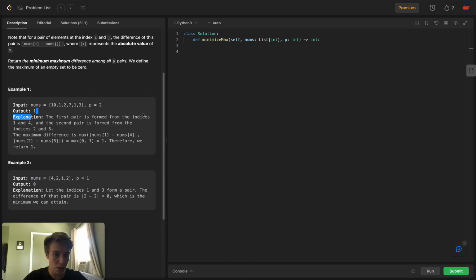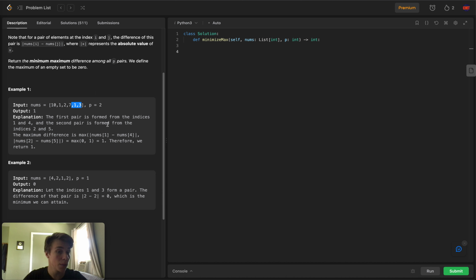And the explanation is we first pick out the 1 and the 1 at indices 1 and 4. The difference of that is 0. And finally, we pick out, I'm guessing, 2 and 3 at index 2 and 5. So these 4 numbers are going to be picked as pairs. 1 is paired with 1, 2 is paired with 3.